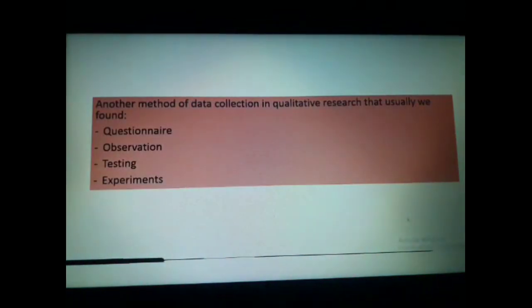Another method of data collection that we usually find are questionnaire, observation, testing, and experiments. After we interview or make a questionnaire for the participants, we collect the results in forms of data like this. First is document.